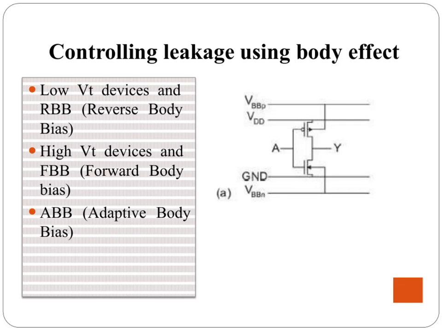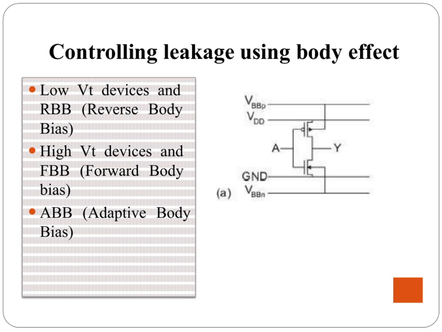Now let's talk about how we can control leakage using the body effect. This technique is crucial in managing power consumption in semiconductor devices. For low threshold voltage devices, we often apply reverse body bias or RBB, which helps reduce leakage current by increasing the threshold voltage. On the other hand, for high threshold voltage devices, forward body bias or FBB is used.